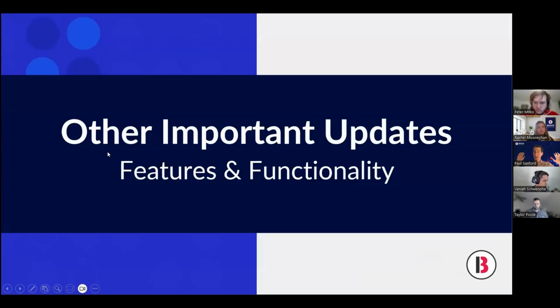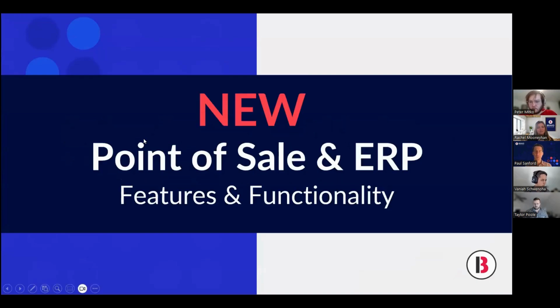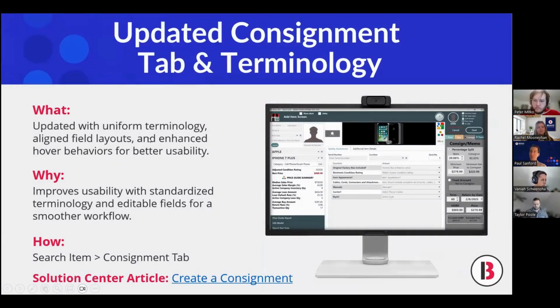All right, back to the January release coming up here in less than a week now. I wanted to do a quick run through of other important updates, features, and functionality. This will be a bit of a speed round, again in the interest of time, because Rachel has a few important items to share with you at the end. So on the consignment tab in terminology, one thing we're always looking at is trying to consolidate or standardize our terms across the board.